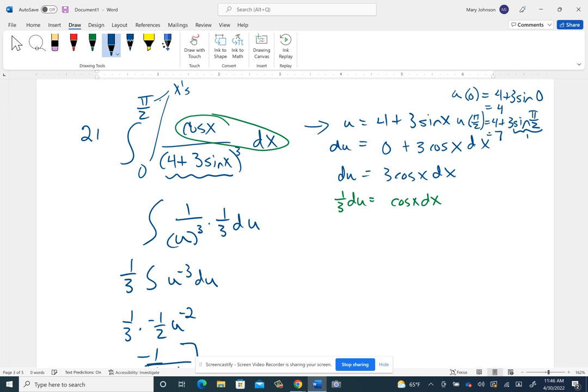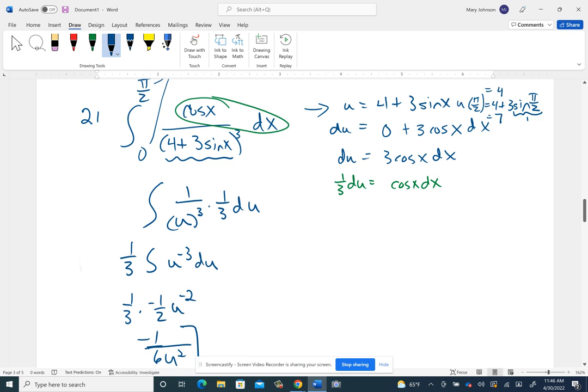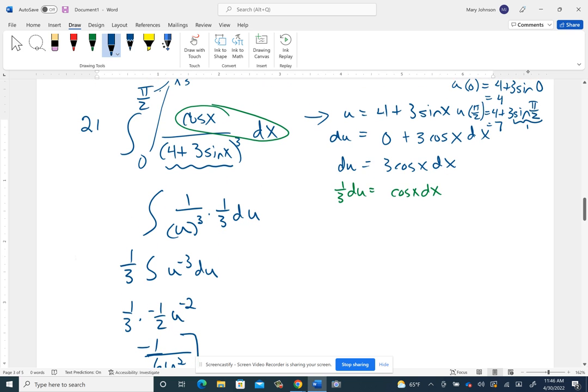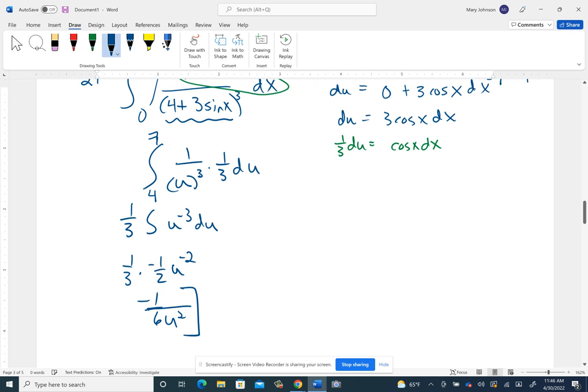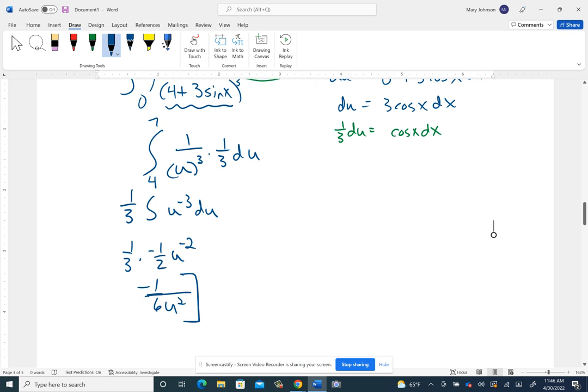So I could change the variables, and once I get into u's, instead of having to go back to x's, I could use the 4 and the 7 as the bounds on my integral, okay? The 4 and the 7. So then when I am evaluating, I'm going to evaluate from 4 to 7.